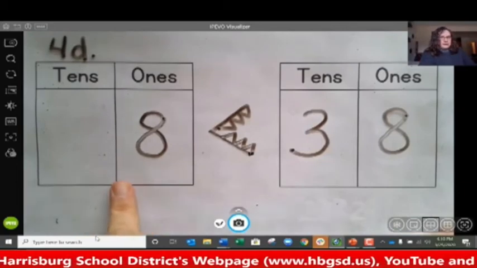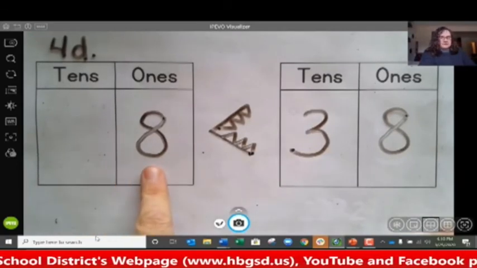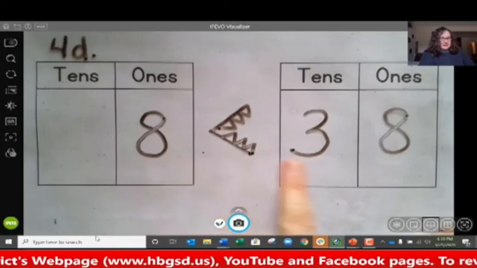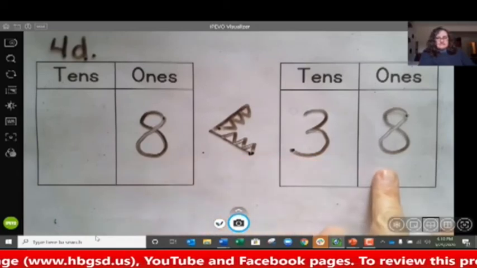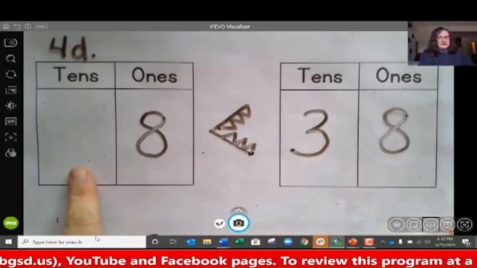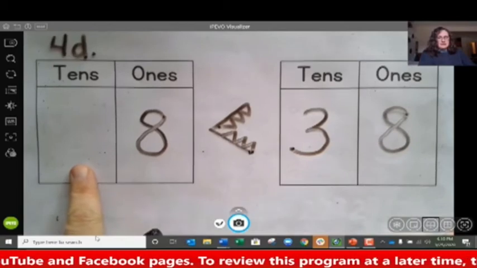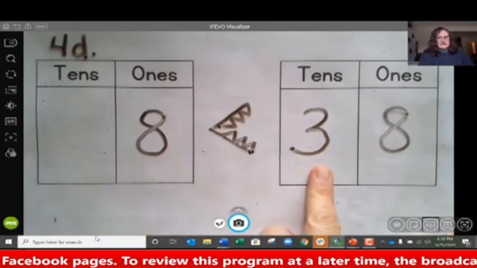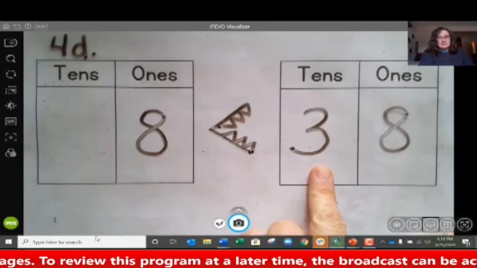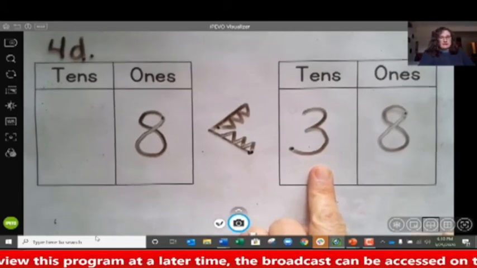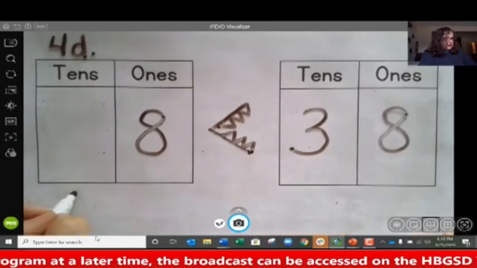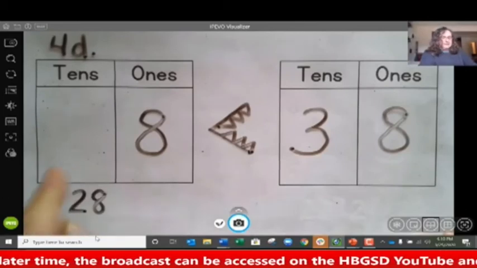So what number with an 8 in the ones place is less than 38? So let's think about our tens. If it's less than 38, it has to be at least 10 less, because it can't be the same. So 10 less than 38 is 28.